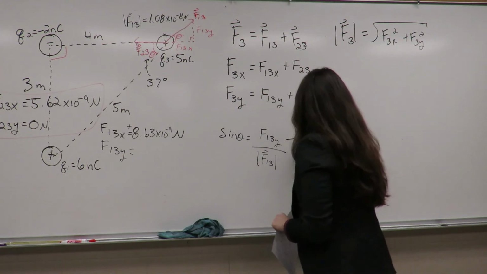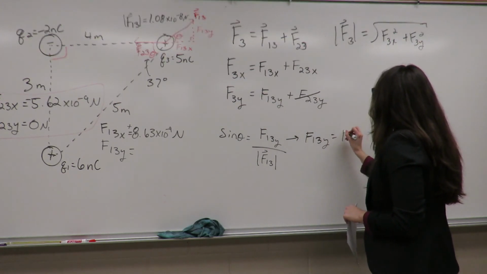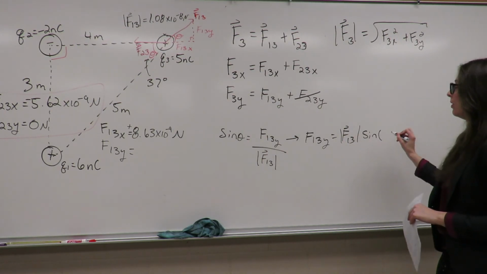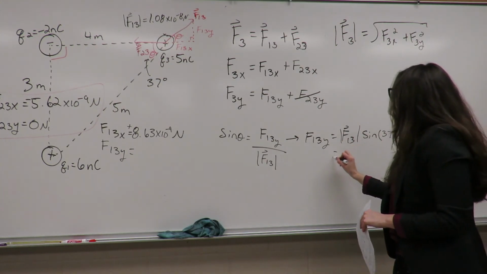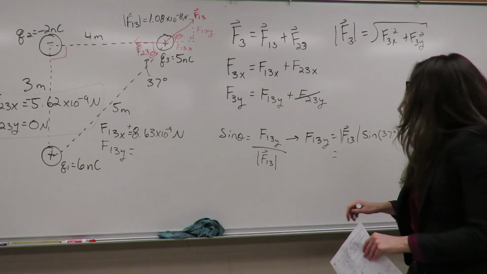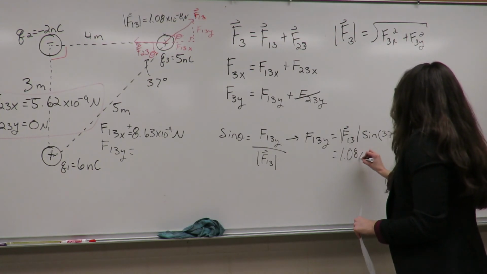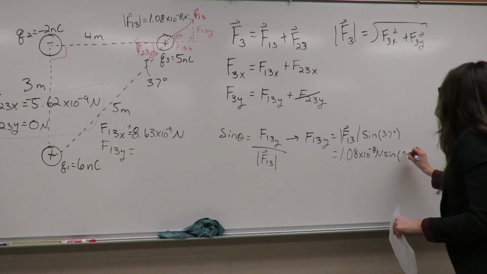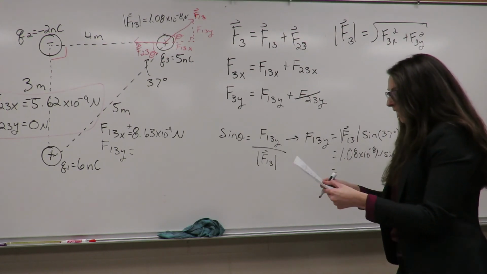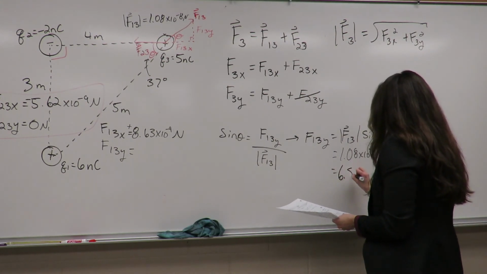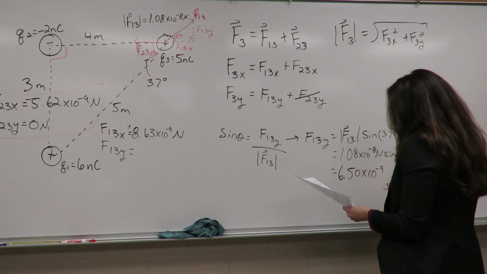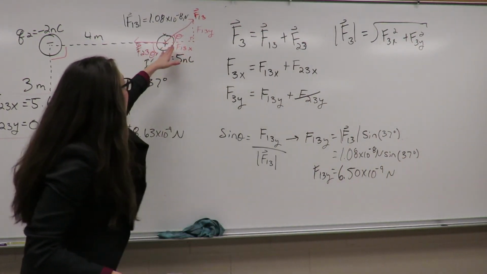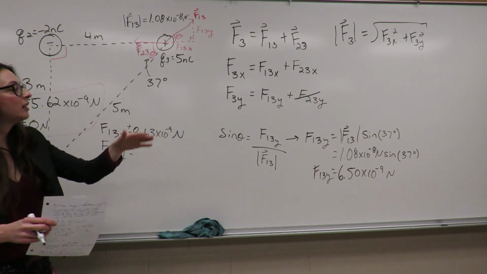So then I get that F13y is equal to the magnitude of F13 times sine of my angle, 37 degrees. So the value F13y is equal to 1.08 times 10 to the minus 8 newtons times sine of 37 degrees. And so then F13y is 6.50 times 10 to the minus 9 newtons. Also positive, because this component of my vector is pointing in the positive y direction.